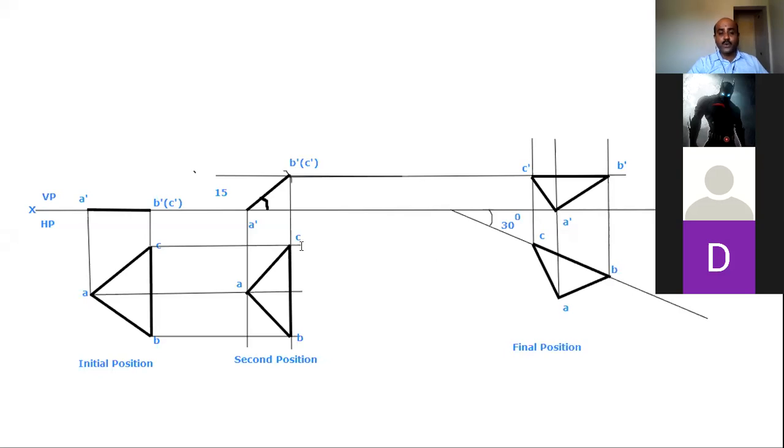So first you draw the 30-degree line with respect to VP. Then you draw the edge BC. BC will be equal to 25 millimeter only, it won't change. But only the edges AC and AB will be diminished because the lamina has been inclined with respect to HP, and as you see from the top view, these edge lengths will be diminished.